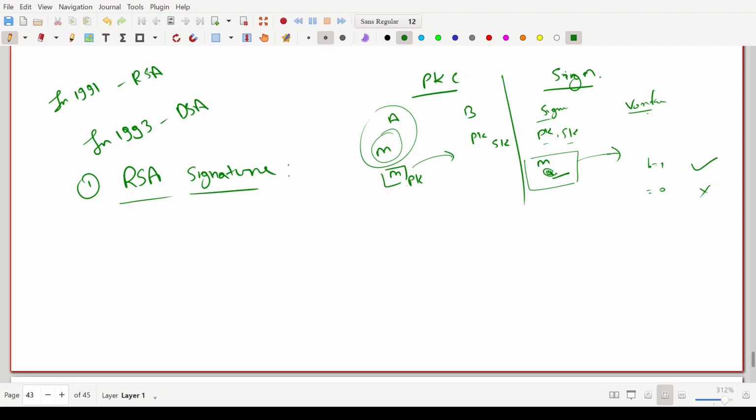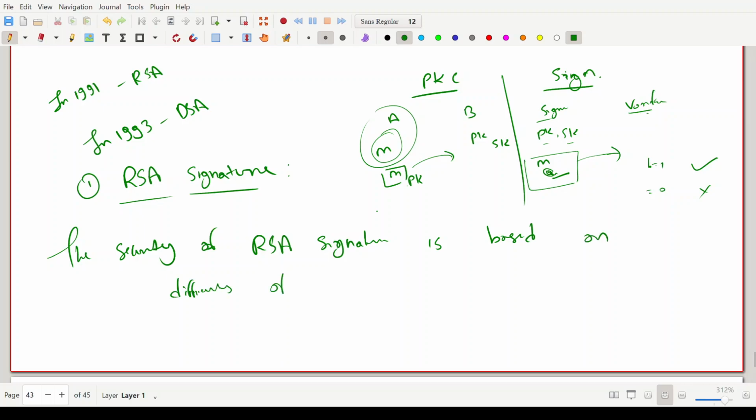Now let us see the RSA signature, which is based on the parameters of the RSA crypto system. Like the RSA crypto system, the security of the RSA signature is based on the difficulty of solving the integer factorization problem.